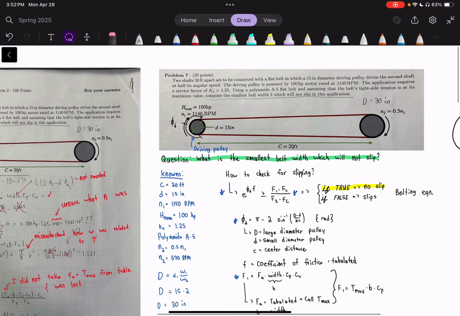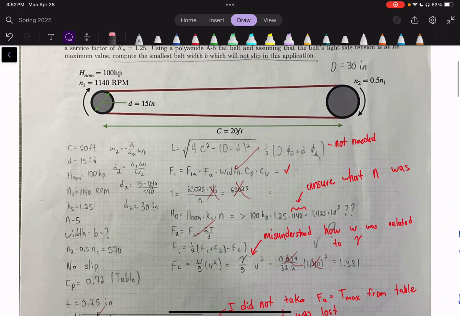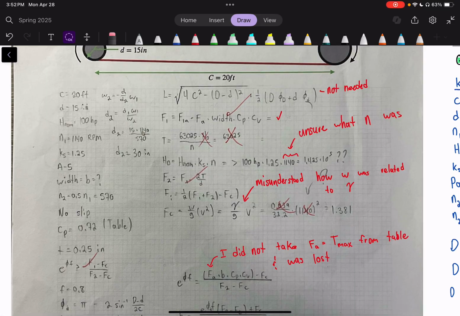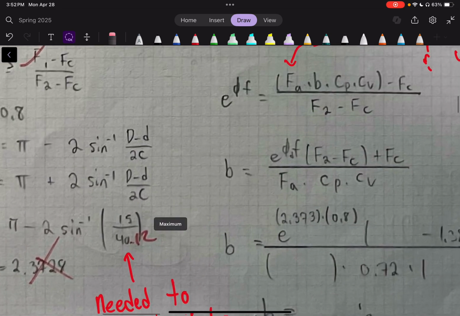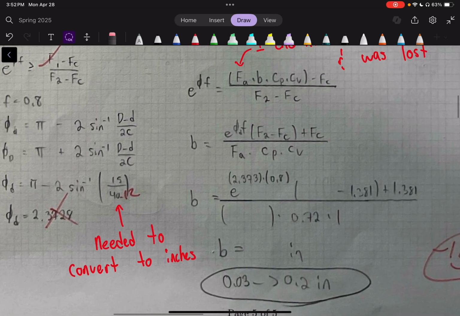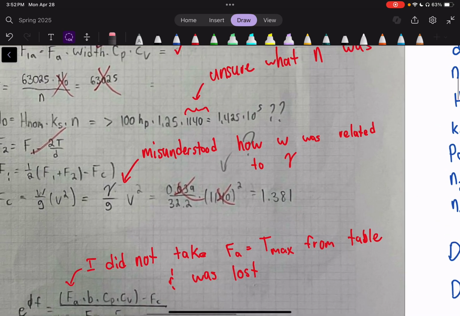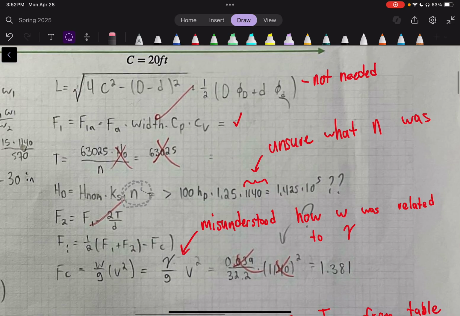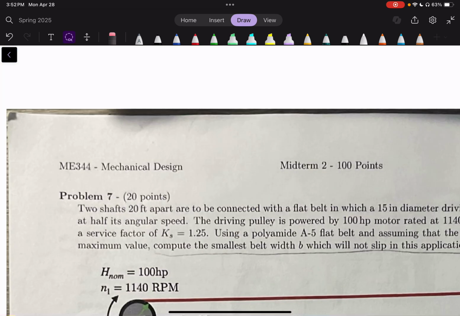So previously on this example, in a lack of time, I wrote down as many equations as possible. I wrote down the length equation, which was not needed. I missed some simple things such as a conversion from feet to inches that just needed to be converted to inches. I misunderstood what this N value was from the design power, which was supposed to be the factor of safety, but I assumed it to be the rotational speed.